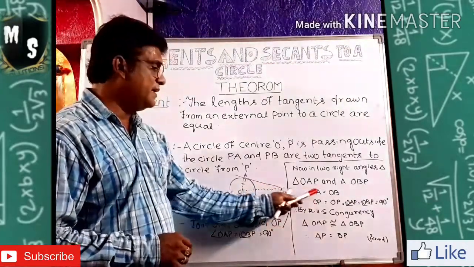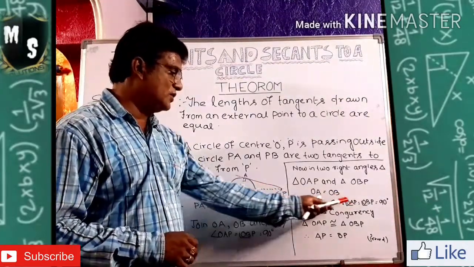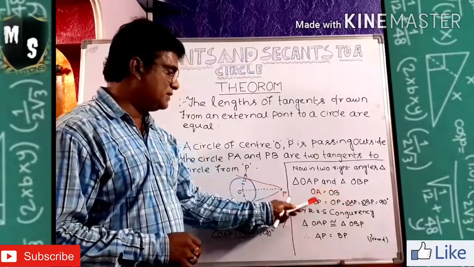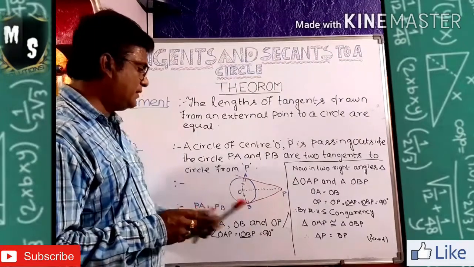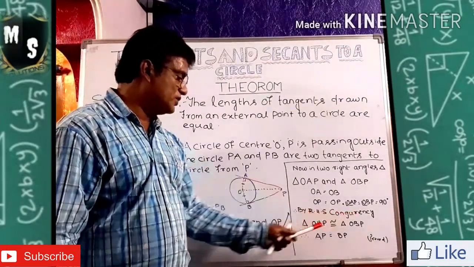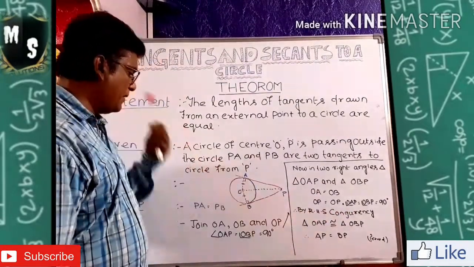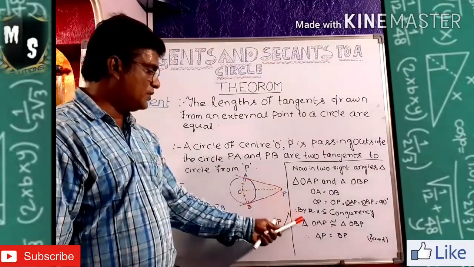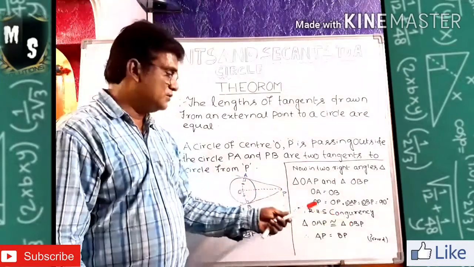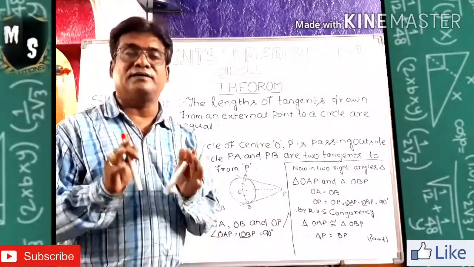So now side, angle, side. So right angle, hypotenuse and side. By RHS congruency we are going to say that triangle OAP and OBP, both the triangles, are congruent. So what type of congruency? RHS congruency.